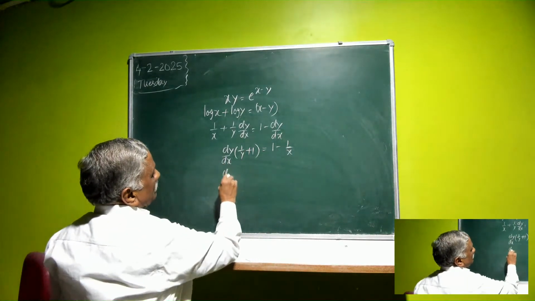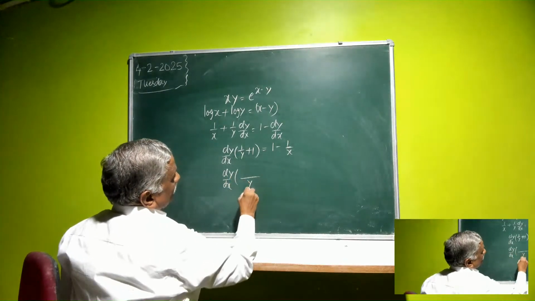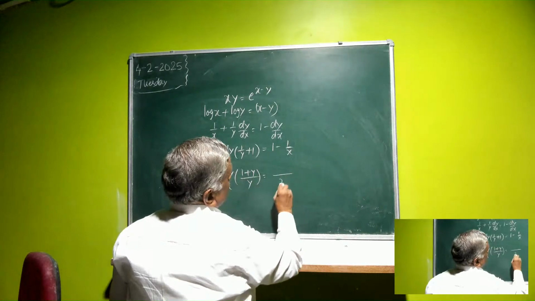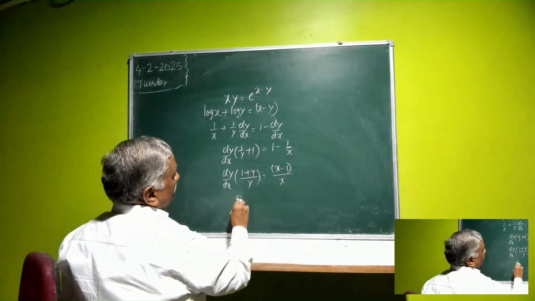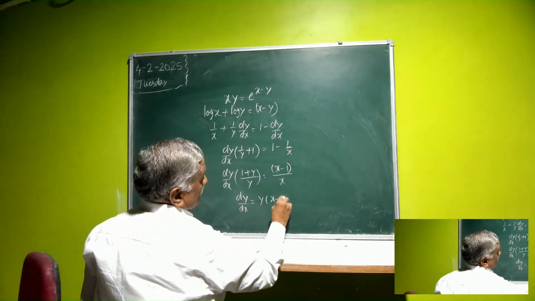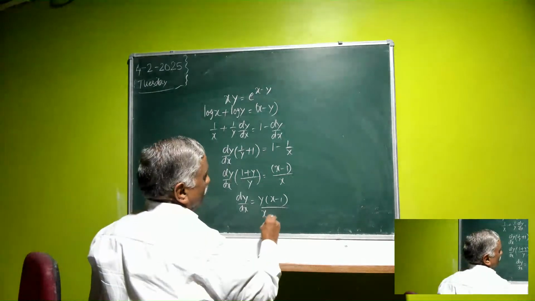So this is dy by dx. Y is LCM 1 plus y. Here x is LCM x minus 1. So dy by dx equals y into x minus 1 by x into 1 plus y.